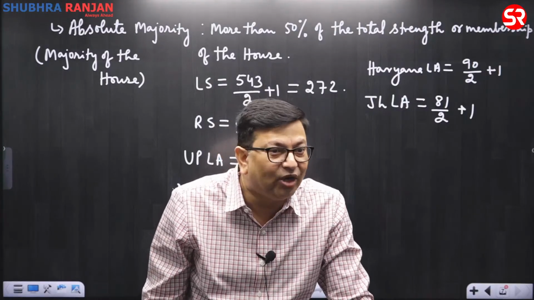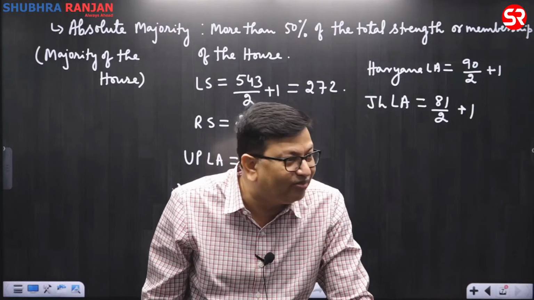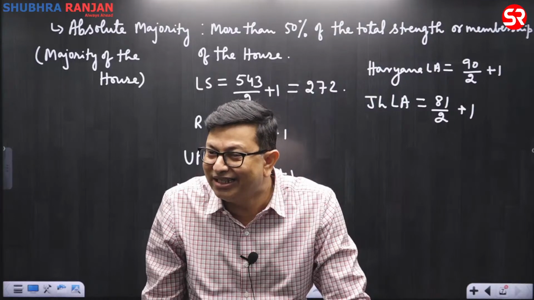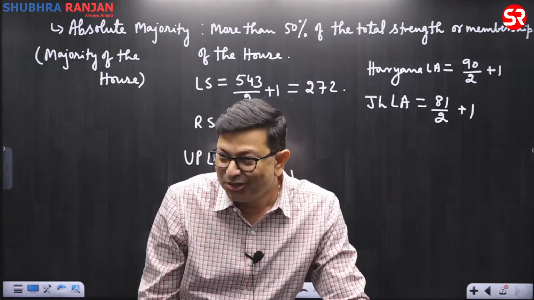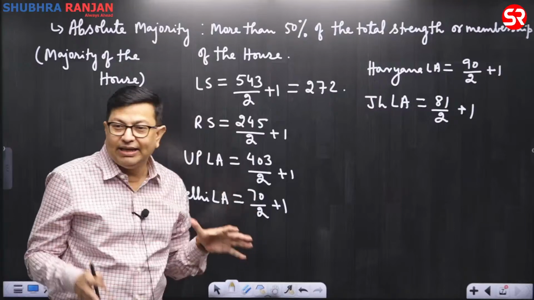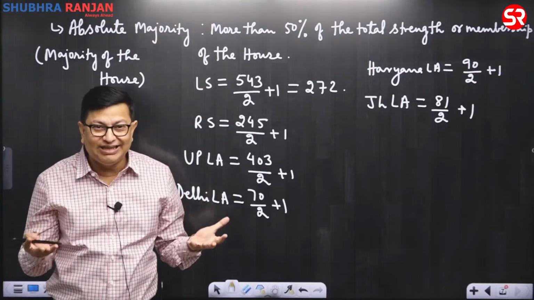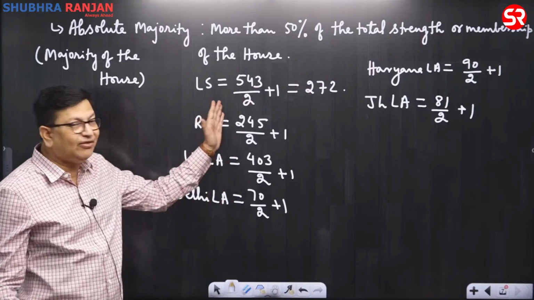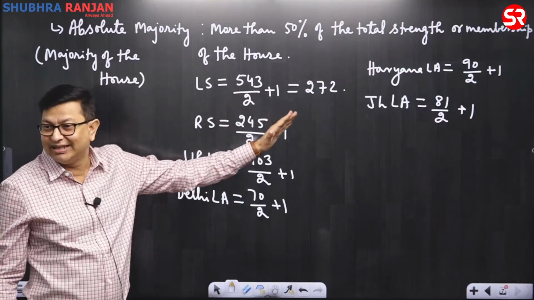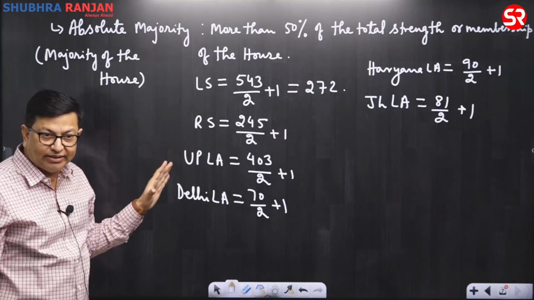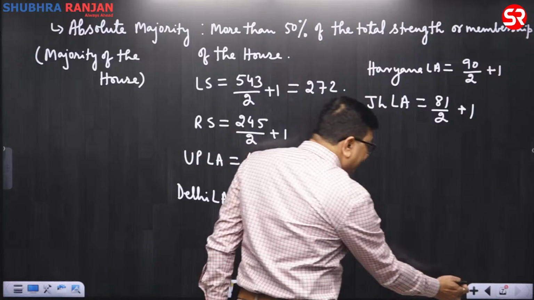In Delhi, we have the Aam Aadmi Party in the government, because it got more than 50% of the seats in the Legislative Assembly. So, when they say that this party has not got the majority, it has no majority in the house, it means more than 50% of the members, that is the total strength of the house. This is your absolute majority.